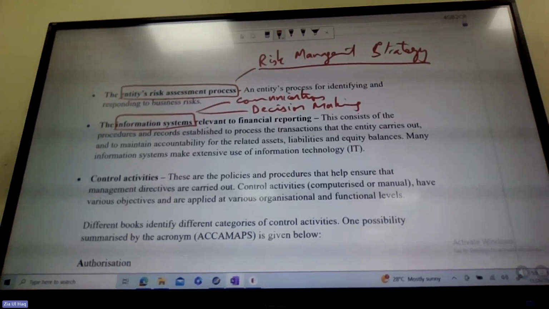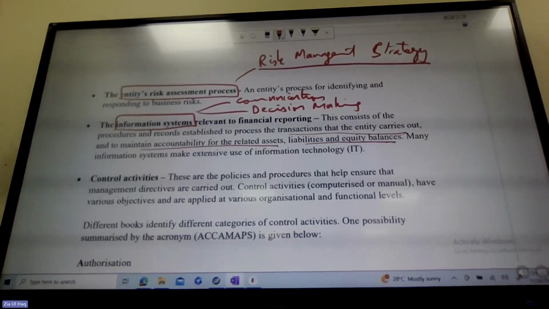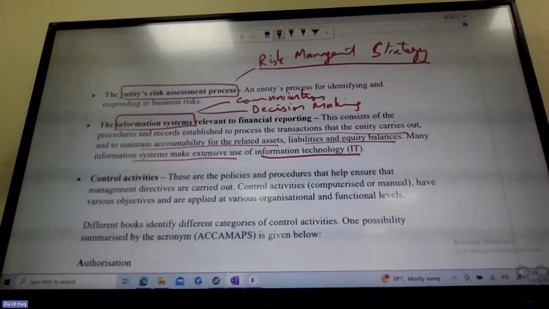So this consists of the procedures and records established to process the transactions the entity carries out and to maintain accountability of the related assets, liabilities, and equity balances. Many information systems make extensive use of IT, because through IT you can make quick communication and decision making.